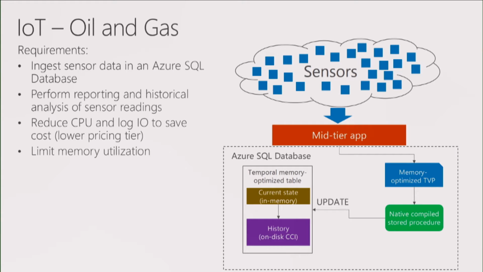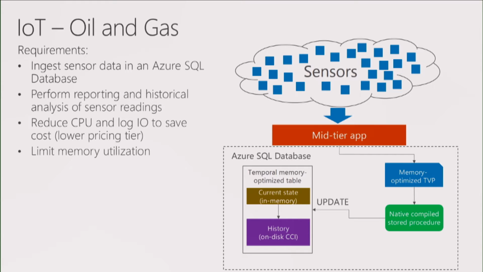Now the solution that they came up with is roughly like this. You have all these sensors sending their data to a mid-tier application hosted in Azure. That mid-tier application is sending the data to the Azure SQL database, batched up in memory-optimized table-valued parameters, then processed by natively compiled stored procedures, and stored in a memory-optimized table.